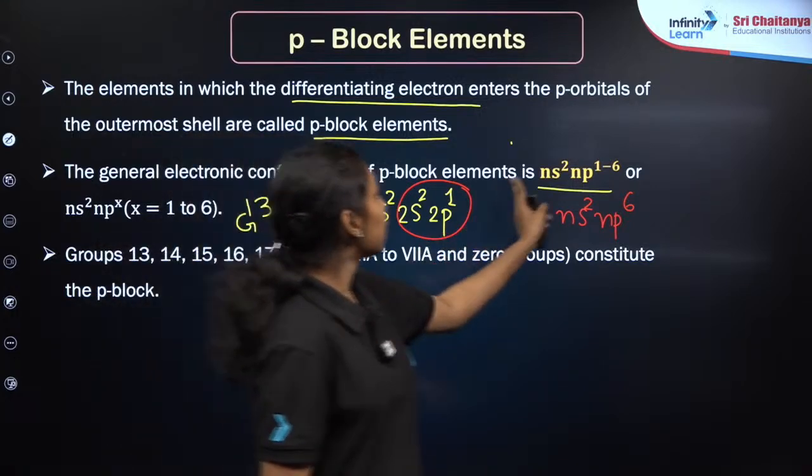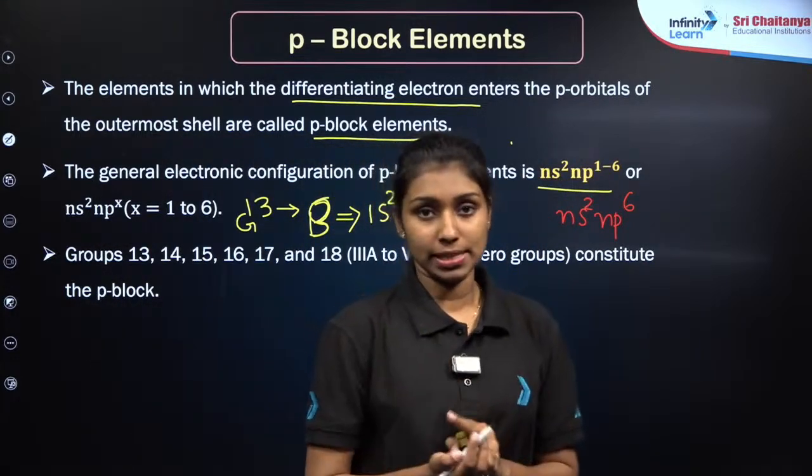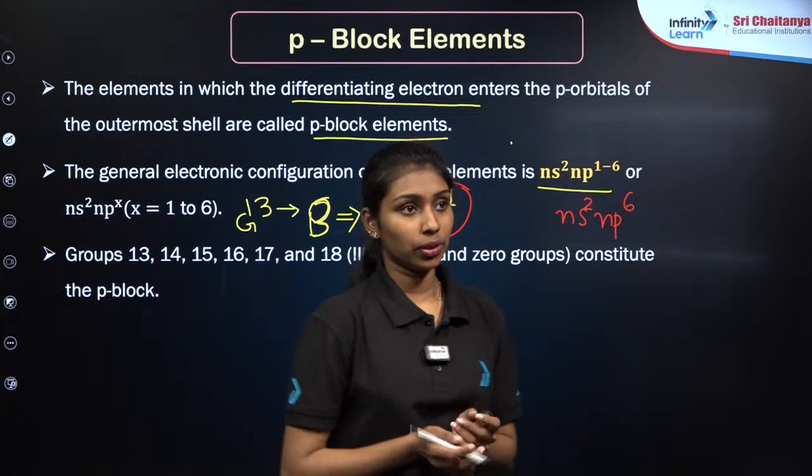This is the general electronic configuration of p block elements, ns2 np1 to 6. Clear?